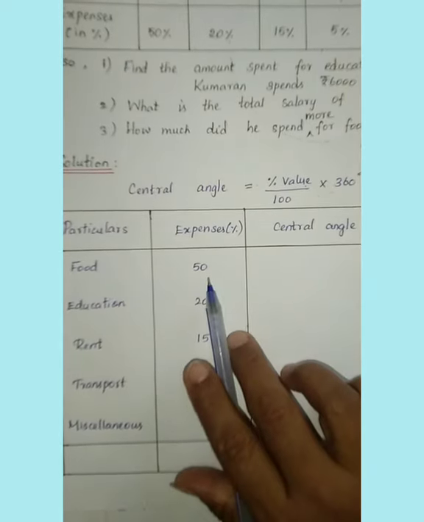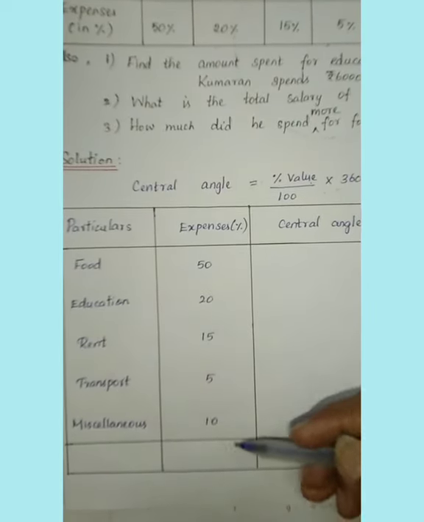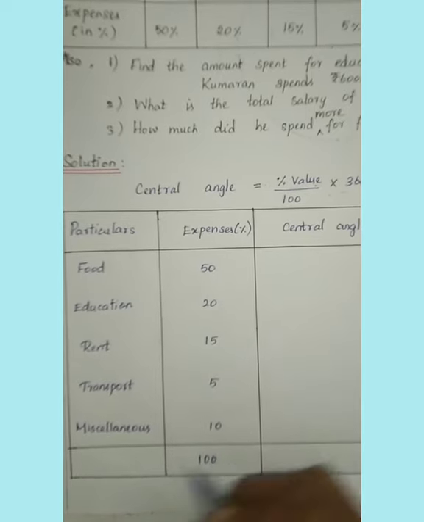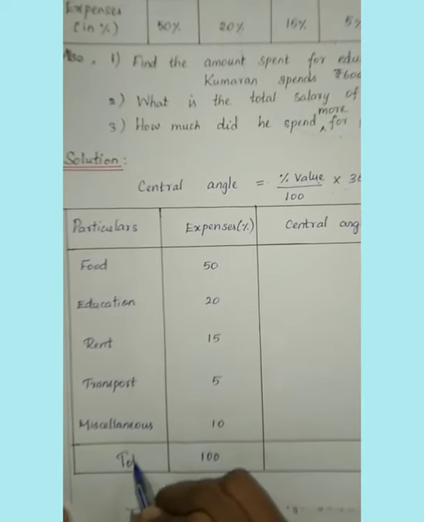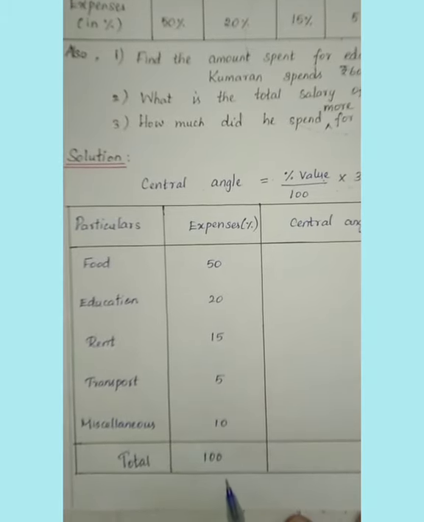So first percentage value is 50. Percentage means the total value will be 100. Values are given in percentage, so the total should be equal to 100.